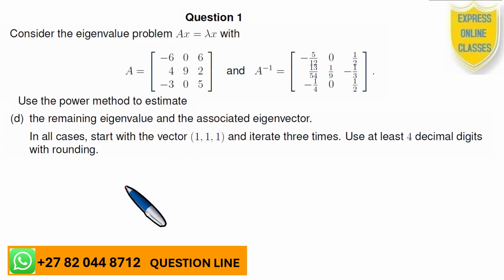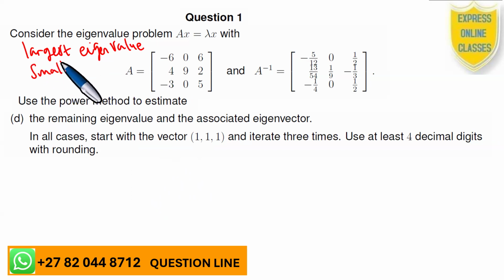So now, we will remember last time that we looked at one case where we looked at the largest eigenvalue. We also looked at the smallest eigenvalue. But smallest how?